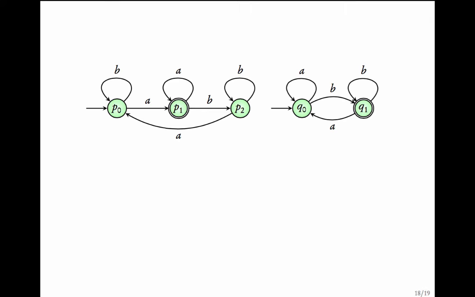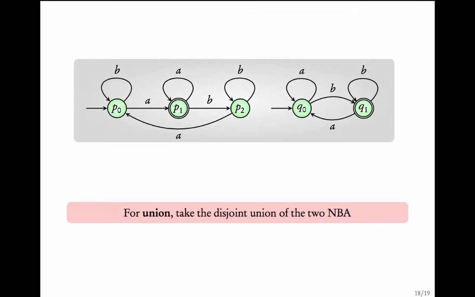Finally, we will now look at unions. Suppose I give you these two automata, these two are Büchi automata, and we want to represent the union of these two languages. It's simple. We do the same thing as we did in the case of NFA.